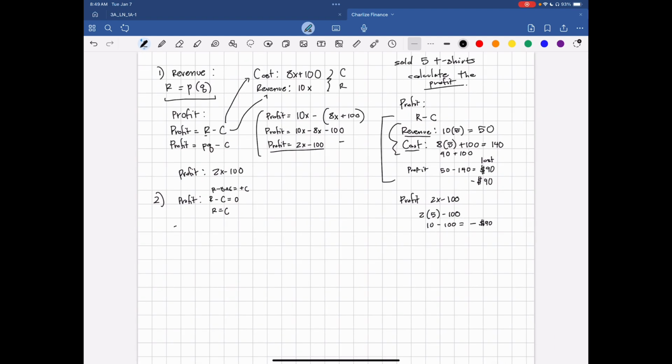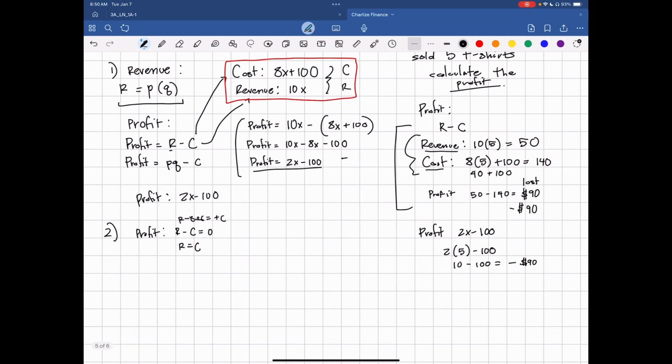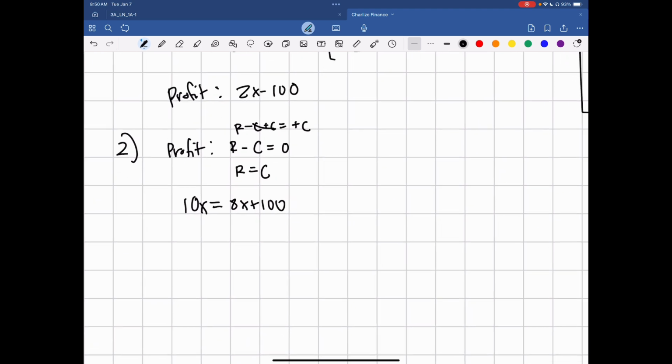You have to say AX. I'm already using, and I'm using these, by the way, the two formulas that I already labeled. I defined them as C and R, revenue and cost. And so if I want to say R is equal to C, I can just say 10x is equal to AX plus 100.